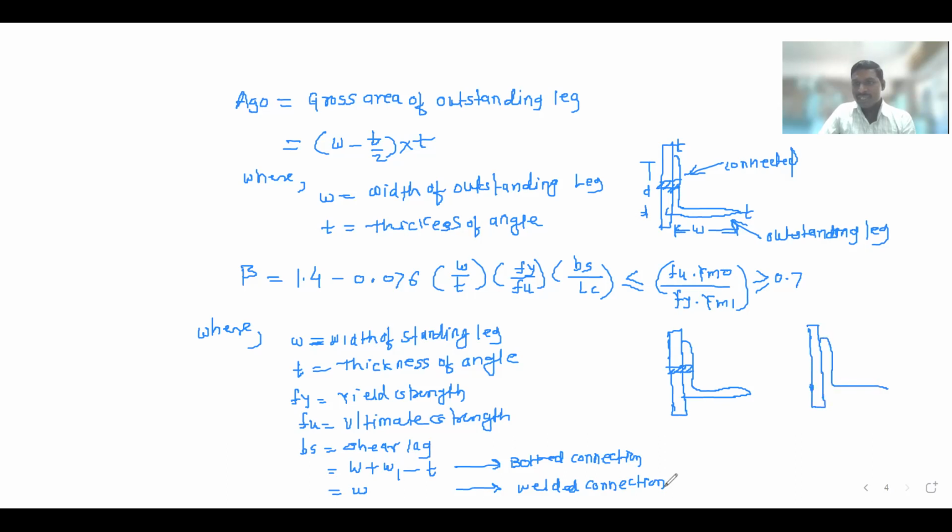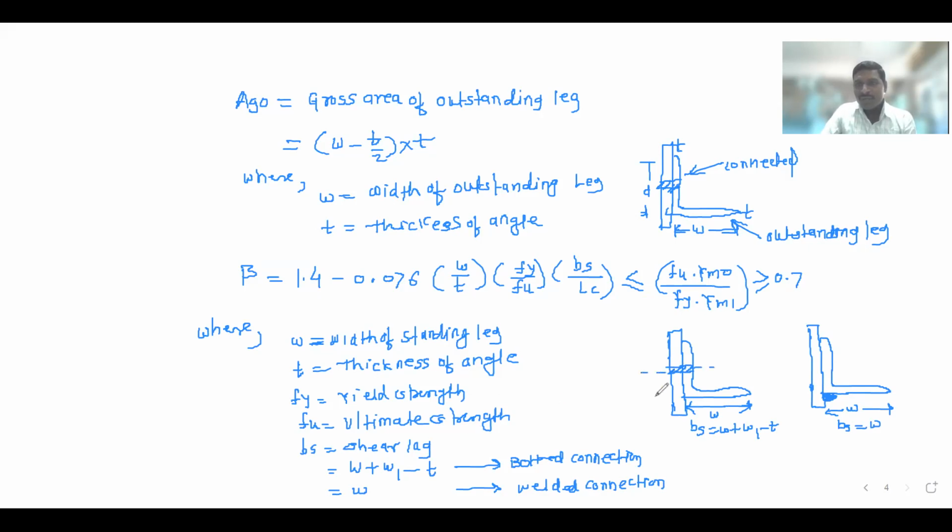These two sketches they have given. They have done welding here. This is your W. So here Bs is equal to W plus W1 minus T, and here Bs is equal to W only.